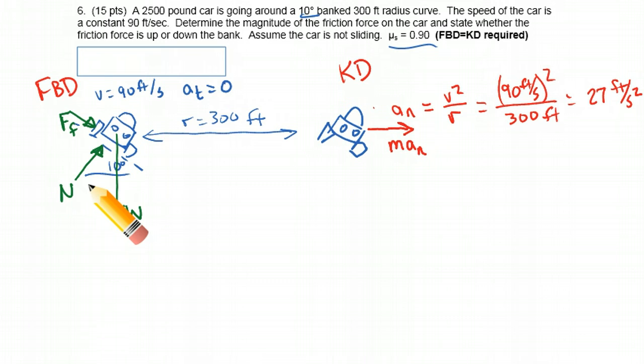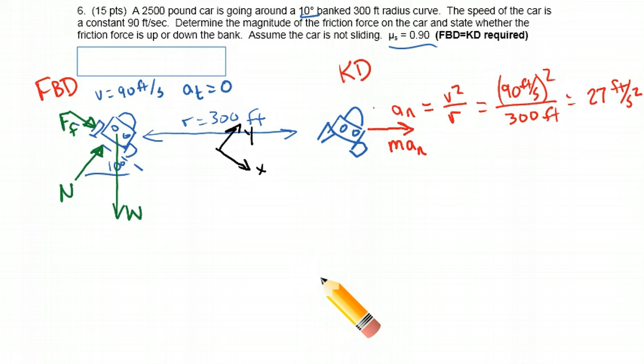Based on that, it's usually best to use a coordinate system that's lined up with one of the unknowns. In this case, it will line up with both, so we just have to do one equation. So let's use, I hope I work this right, a coordinate system with x going down the bank and y going perpendicular, normal.